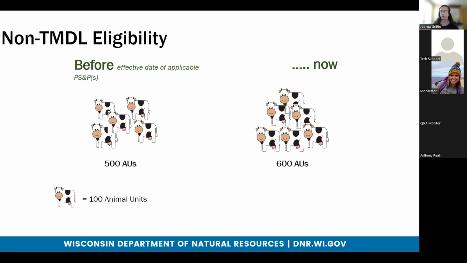Okay, so let's go over some examples of eligibility. In the first example, we have a livestock facility that's been in existence since before the effective date of the performance standard that's being addressed by the project. During the time since the performance standard went into effect, the facility has expanded from 500 animal units to 600 animal units.